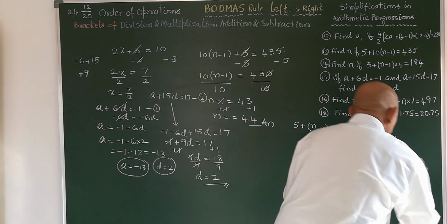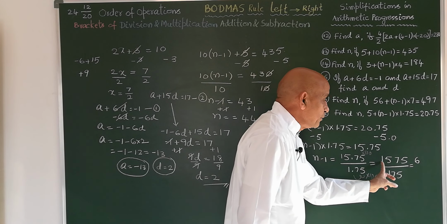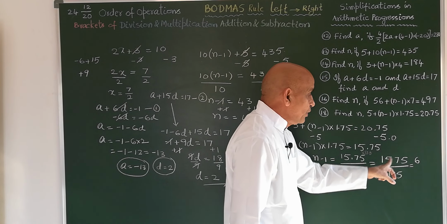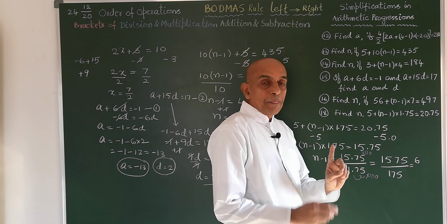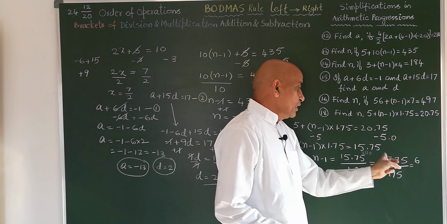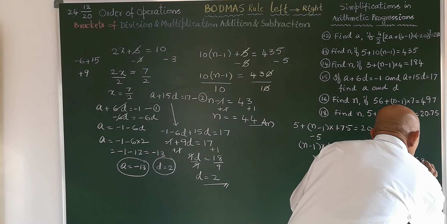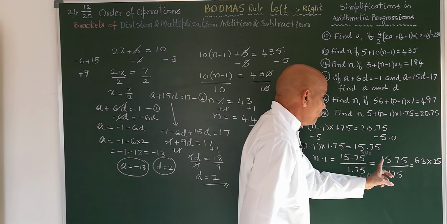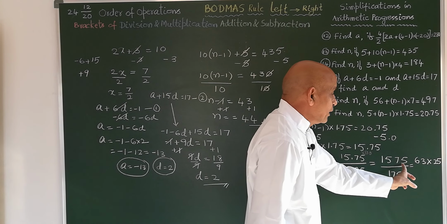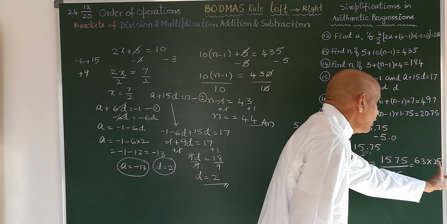If you take out 150, 7 remains. 7 5 becomes 75. There are 3 25s in 75. So 1575 can be written as 63 into 25.